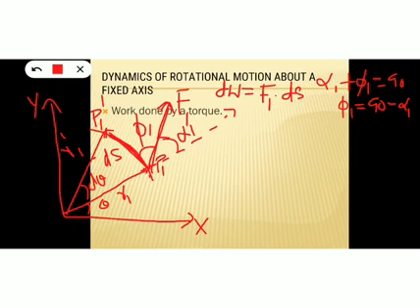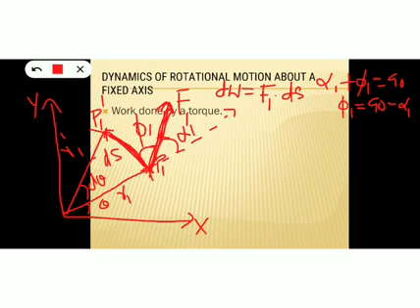Okay, and we know A dot B is AB cos theta. So F1 dot ds is equal to F1 ds cos theta. Theta is the angle between two vectors. Okay, so here which is the angle between F1 and ds? It is not theta. Just look at the figure, you will get the angle between F1 and ds. So this is F1 and this is ds.